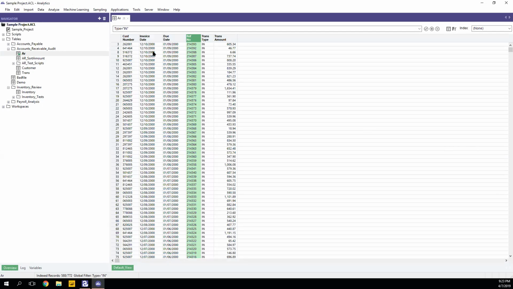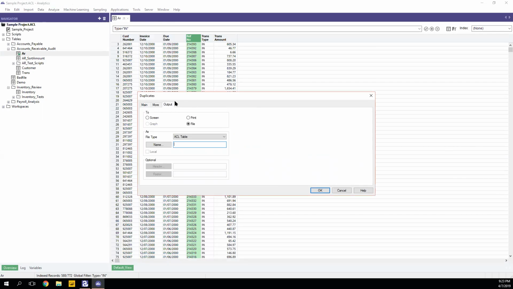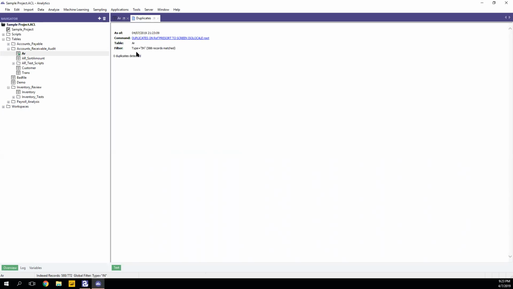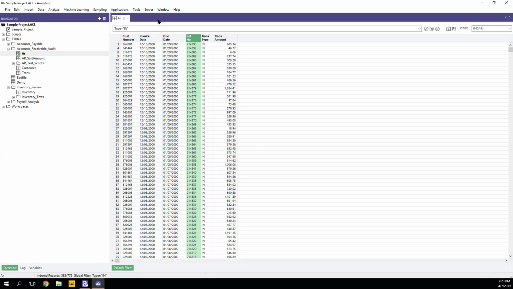Now, if I run a duplicate on it, I will be astonished if I've got any duplicates. Put that to the screen. Click OK. 0 duplicates. Type equals IN, so our filter is applied. So we found gaps. We found no duplicates.